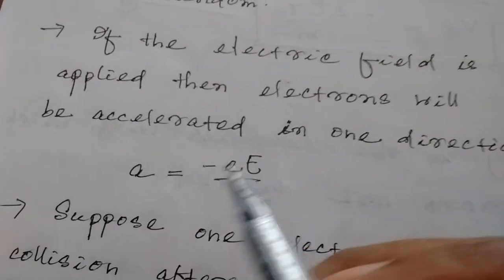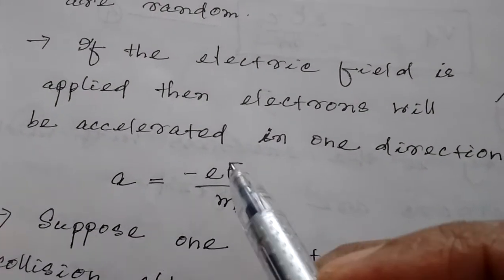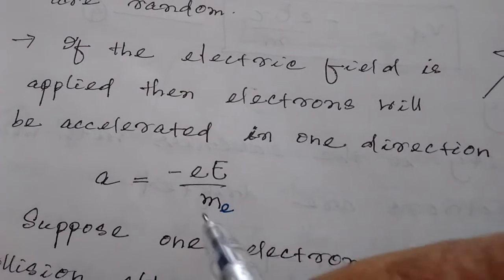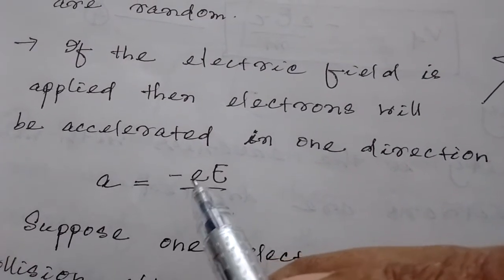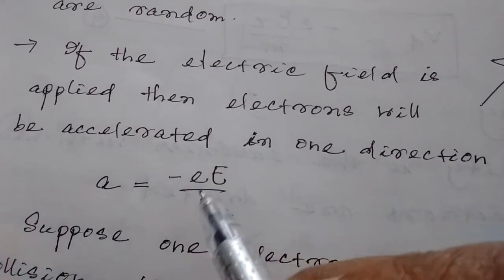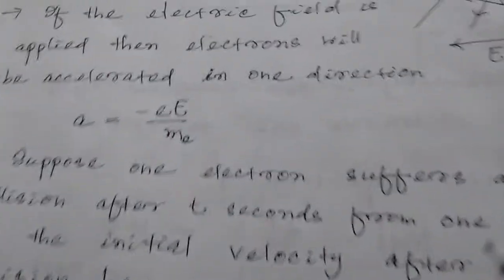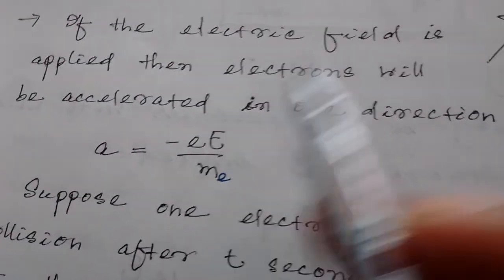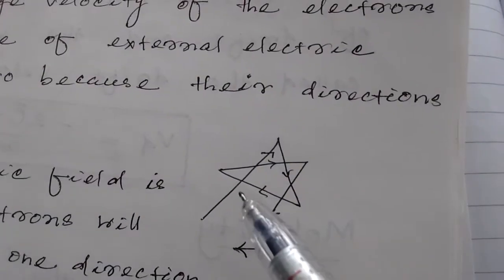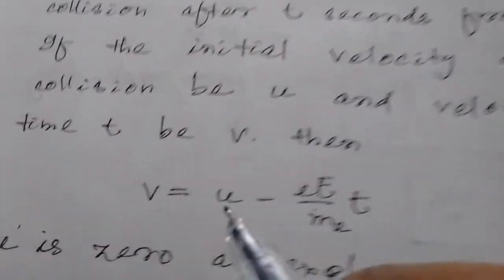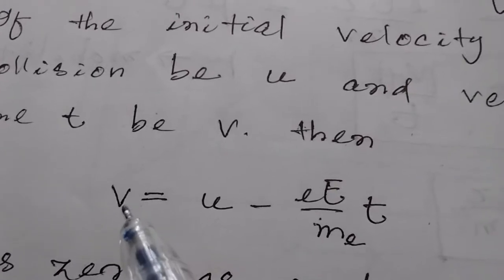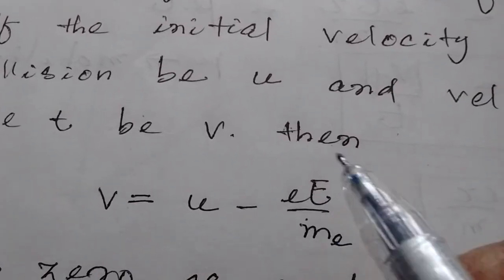Now acceleration is nothing but force by mass. Force is eE and mass is the mass of the electron, and the negative sign indicates that the electronic charge is negative. Now this is acceleration. Now consider this equation: v equals u minus eE by m times t.